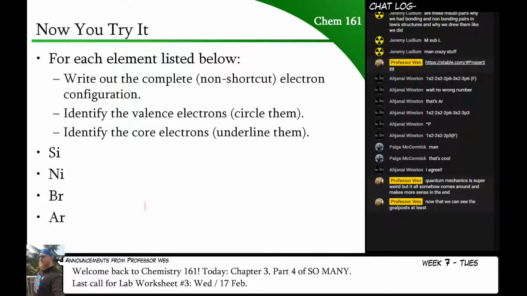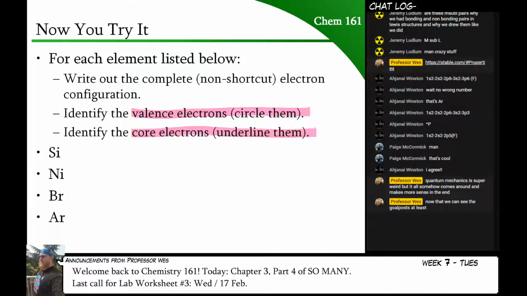All right. So what I want you to do is, for each of these elements that I've written down here, I want you to write out the electron configuration. It says write out the complete, but you don't have to do that. You could do the shortcut if you'd like. Then circle the valence electrons and underline the core electrons.